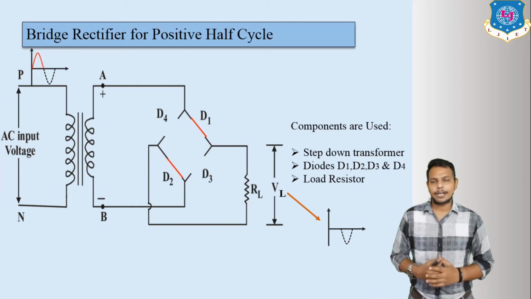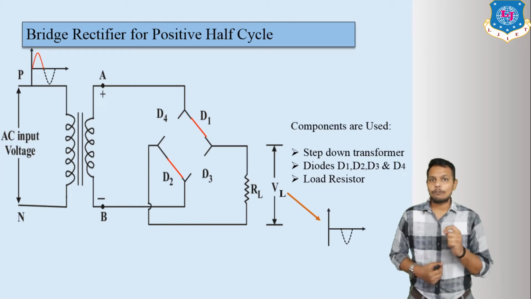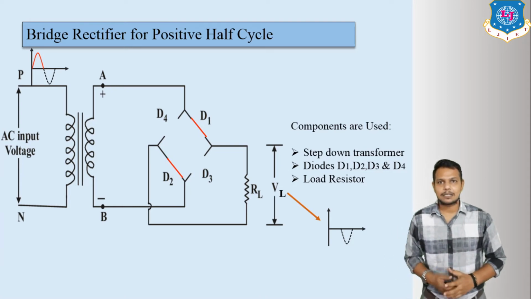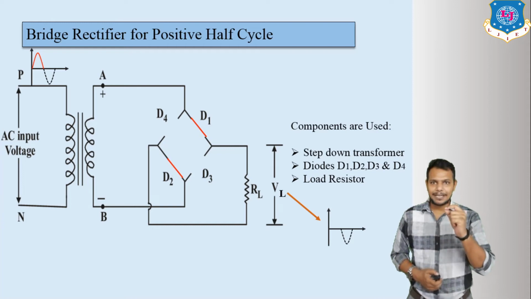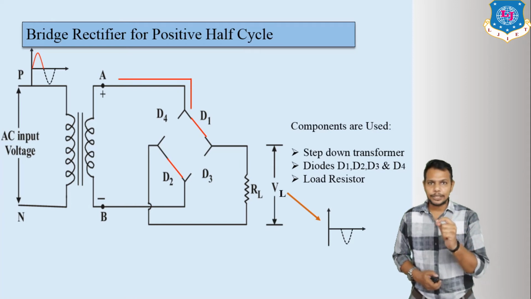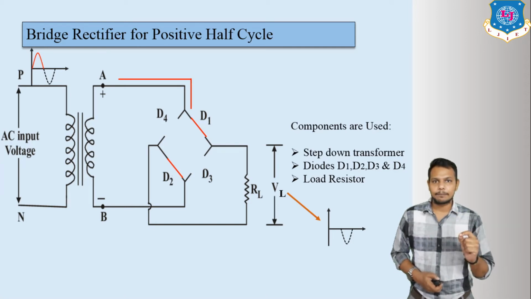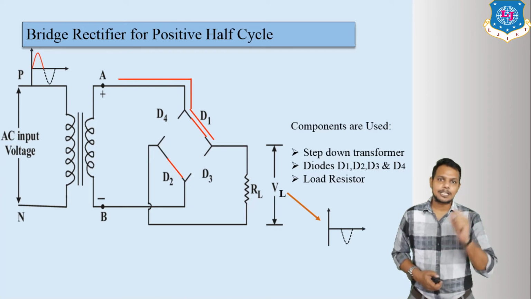Here we are going to discuss the flow of current, and with this flow of current, two diodes at a time work in forward bias. That means closed switch. So if we enter current plus to minus, your current flows in this direction, going through the direction of diode D1's symbol. So it becomes a closed loop.